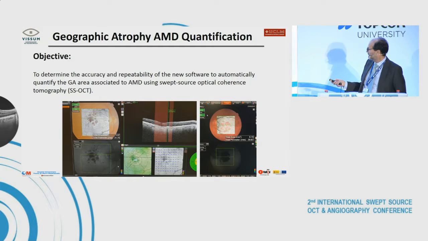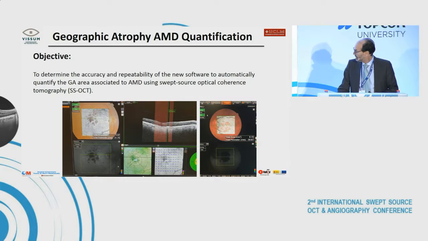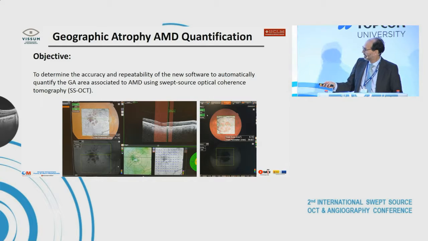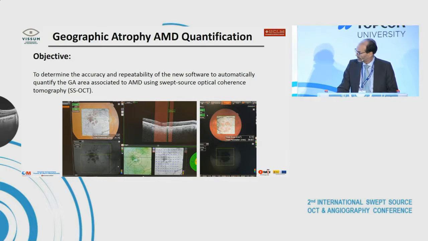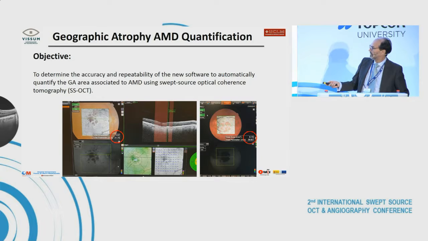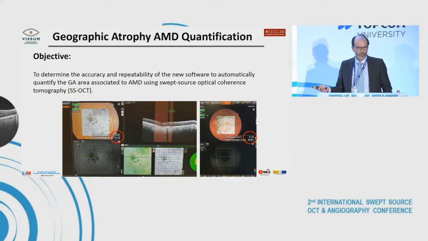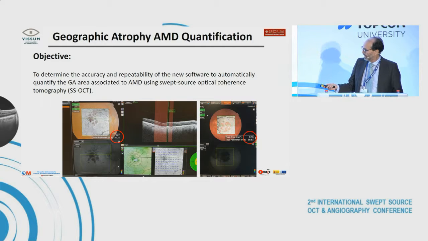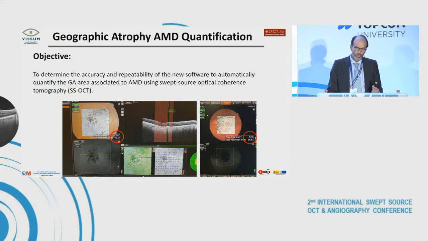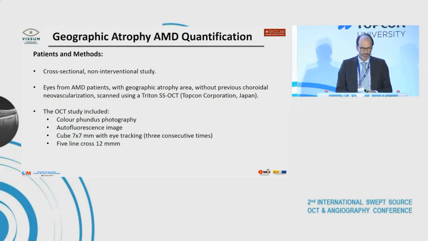Here in greater detail, by clicking on the GA point, we can automatically obtain the total area as the primary endpoint of our work, and as the second endpoint, the total perimeter of the different lesions in the patients.